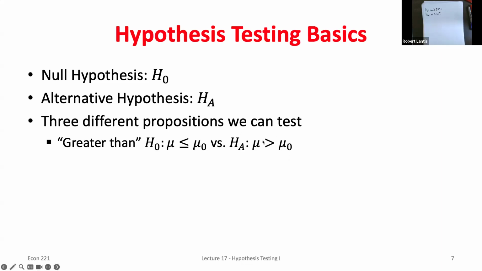Notice here, mu0, in practice when we work through the problems, is going to be a value. When I said I want to test whether the ABV is greater than 7%, this would be 7. So here, the greater than sign in my alternative hypothesis makes it a greater than test. I'm trying to find if the true population mean is greater than a certain value.